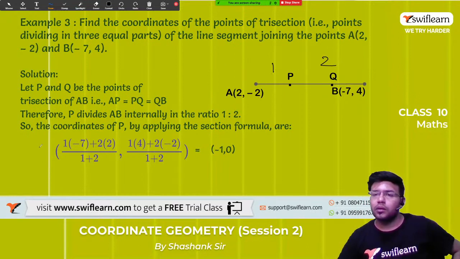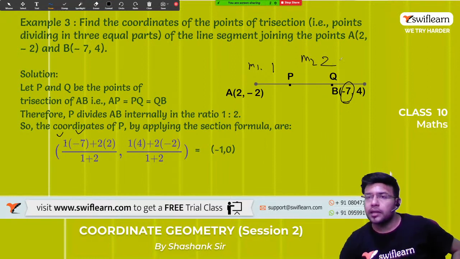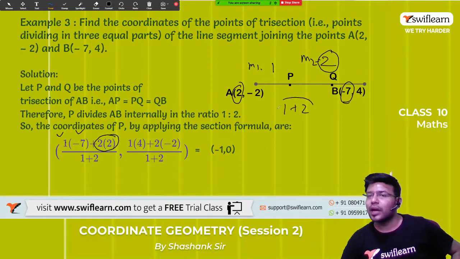Okay, the coordinates of P (x, y) is given by M1, this is M1, this is M2. M1 x2 plus M2 x1, okay, divided by M1 plus M2. M1 plus M2 कितना है? 1 plus 2 है.